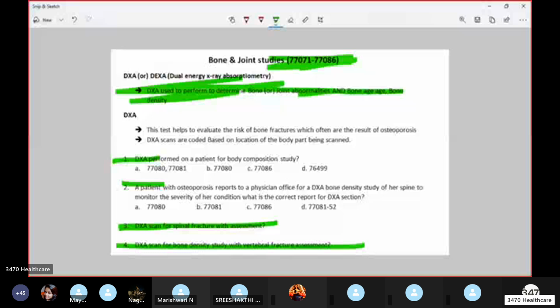So what page number these codes and all present? Five five three. Yes. Page number 553.